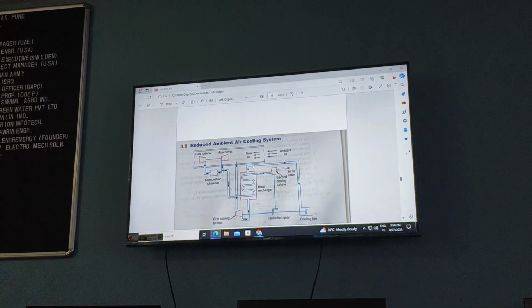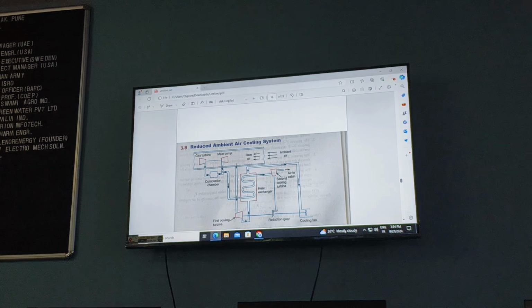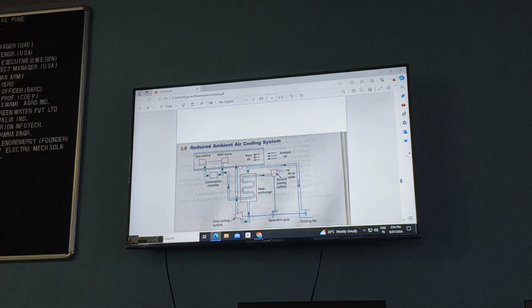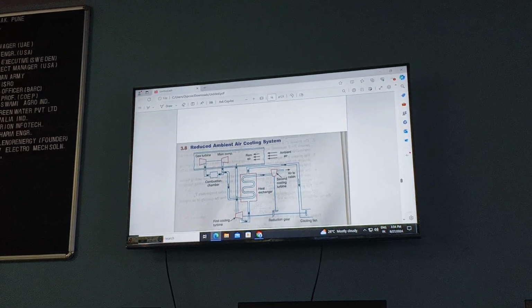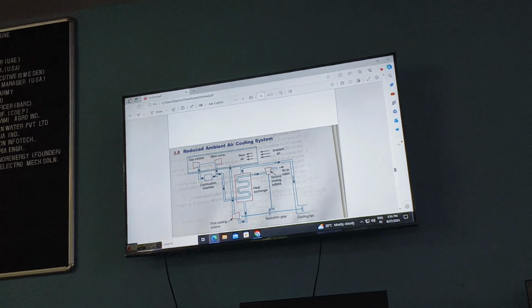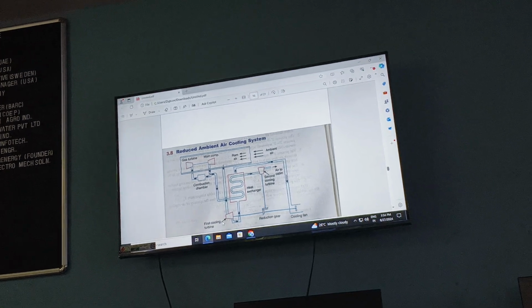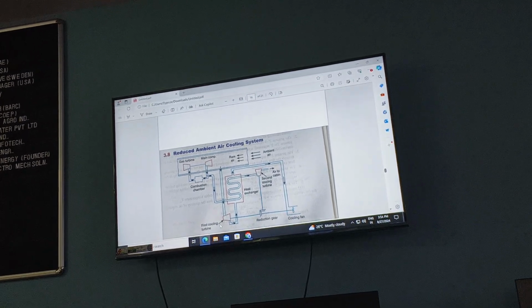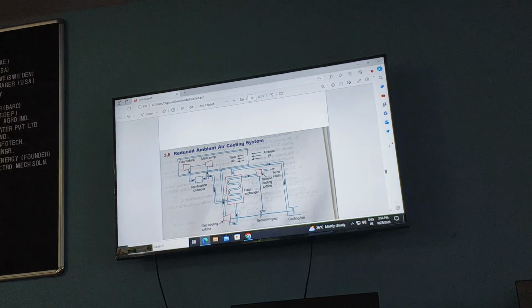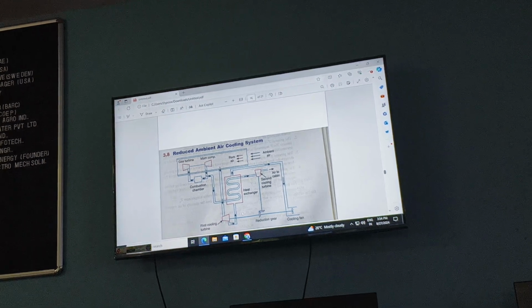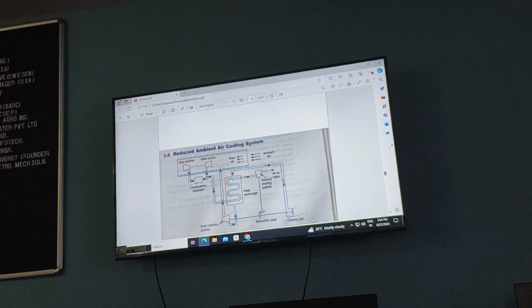Now here what we are doing, look at this ram air. Whatever the ram air is there, that air we are first expanding in the turbine, right? So whatever air we are using, its temperature we are reducing.